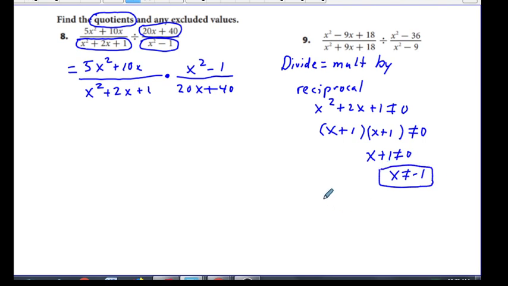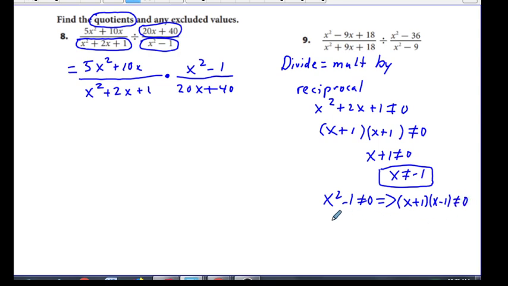Then we have this x squared minus 1 cannot equal 0. And that's going to be our difference of squares, x plus 1, x minus 1 cannot equal 0.